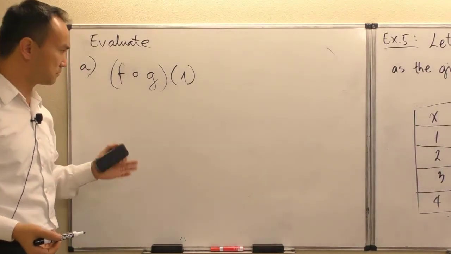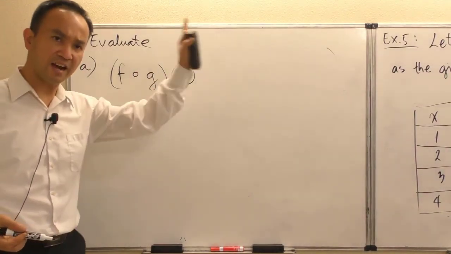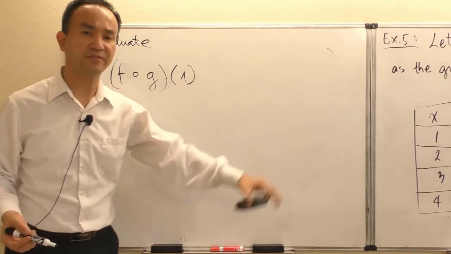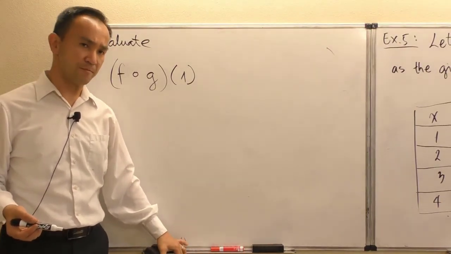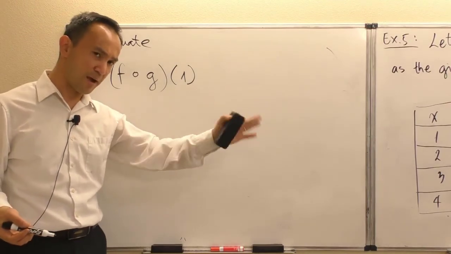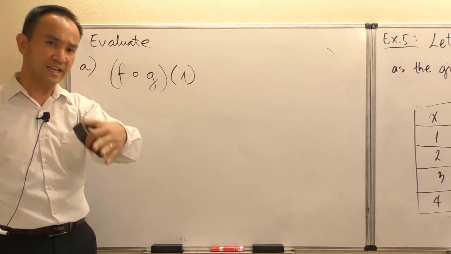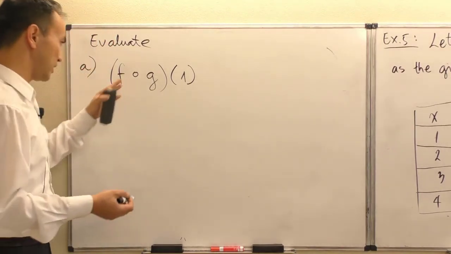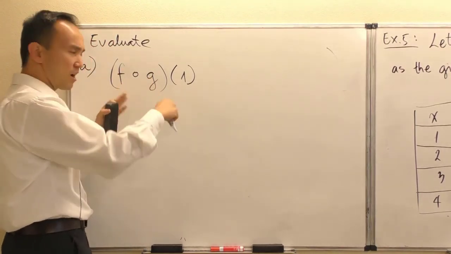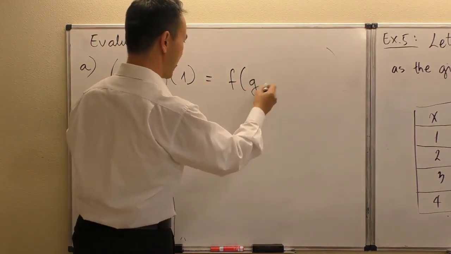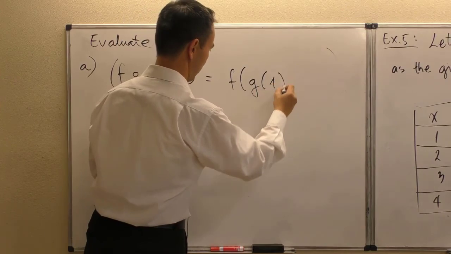All right, so again, just like how I have done in the graphing problem in example 4, and just like how I've done it back in example 3, and even including that example in that little introduction problem before getting into example 3, the way I want anyone to see this problem is that this is exactly f of, and I was saying it out loud that way, f of g of 1.